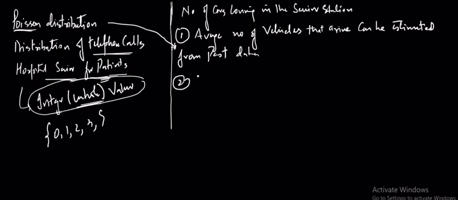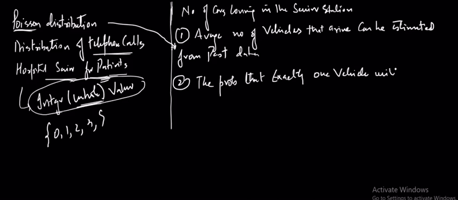The second one is that the probability that exactly one vehicle will arrive at a single booth for service will be very small.